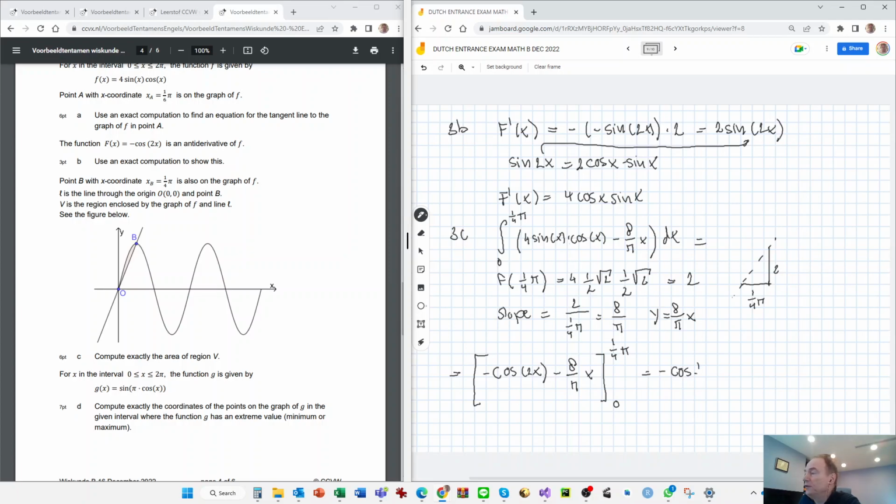Let me just first write it out. Minus 8 divided by pi times a quarter is minus 2. And it's very easy to make mistakes here. And then this thing evaluated at 0, the cosine of 0 is 1. So this gives us a negative 1.